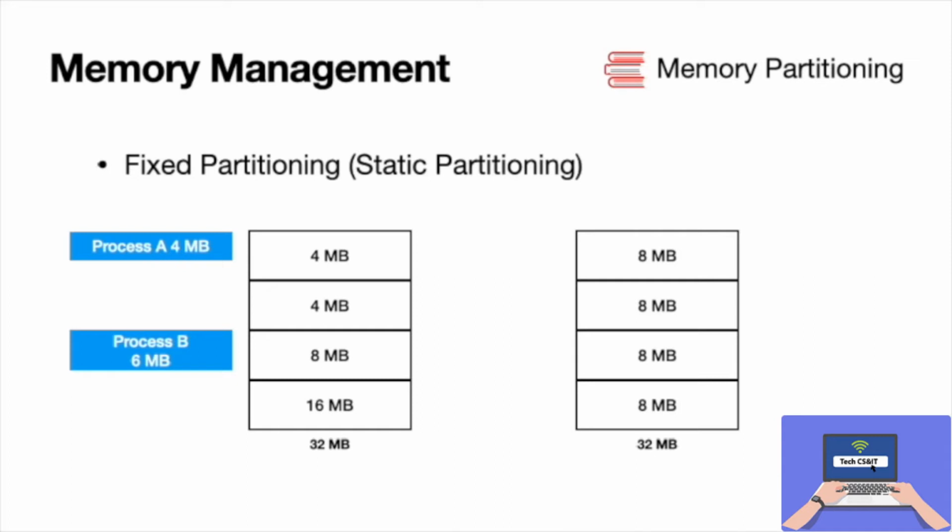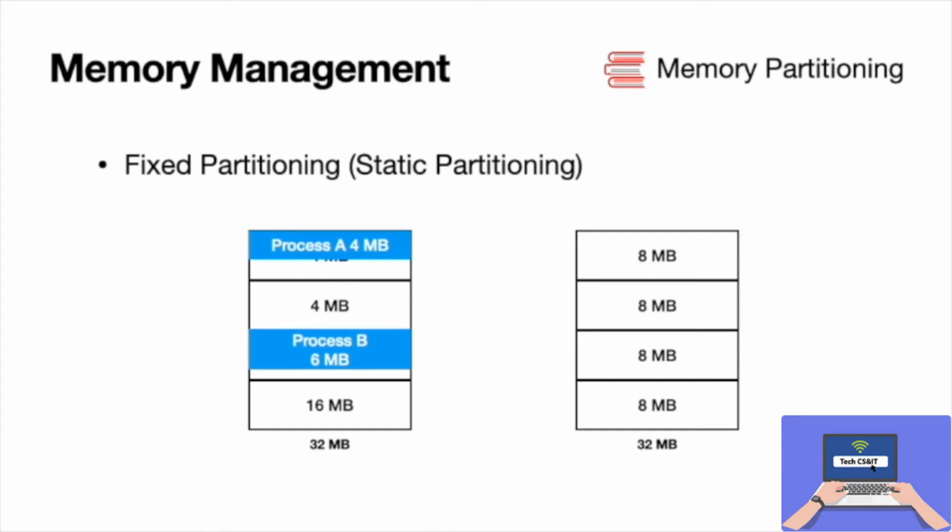In fixed partitioning, the partitions are made either before execution or during system configuration. For example, we have two identical memories, one with unequal portion sizes and the other with equal ones of 8 MB. Now let's suppose we have processes A and B, which are 4 and 6 MB in size respectively. They can be easily allocated where the space is equal to or more than the process size.